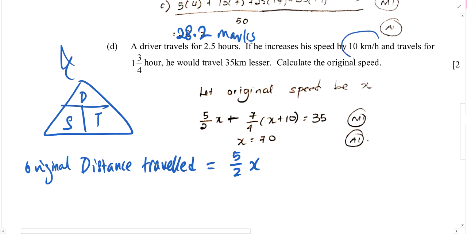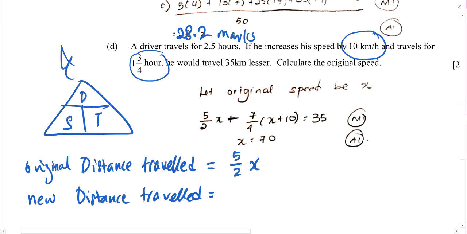Okay, now if he increases his speed by 10, travels for 1 hour and 45 minutes, what will the distance be? New distance traveled. What is the new speed? What's the new speed? Is it still x?